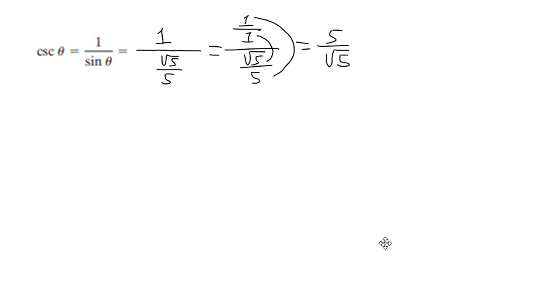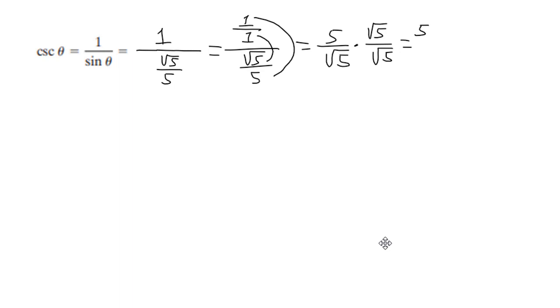This looks like it's my answer, but it's not actually. Why? Because square root of 5 is in the denominator, and we are not going to let a square root stay in the denominator. How can we cancel it? Well, we're going to do rationalization. What we're going to do is multiply by square root of 5 divided by square root of 5. If you see, I am not changing my equation because square root of 5 divided by square root of 5 is 1, but it's going to help me to rearrange my answer.